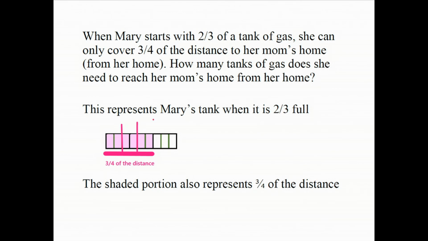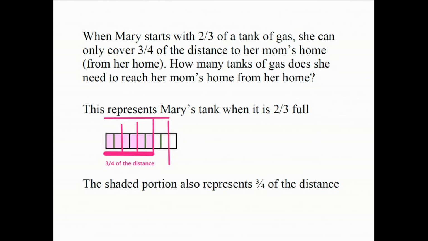This has to be 3/4 of the distance. Now, the entire distance is 4/4, so I will have to include 2 more from here. Now this represents the entire distance between Mary's home and her mother's home.